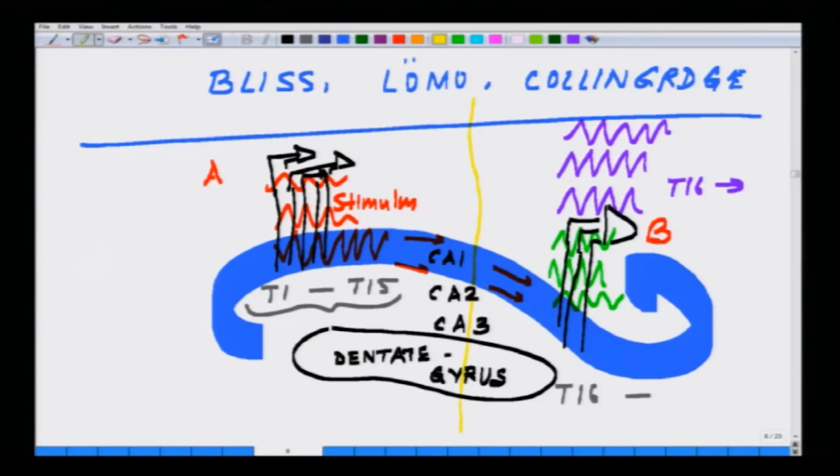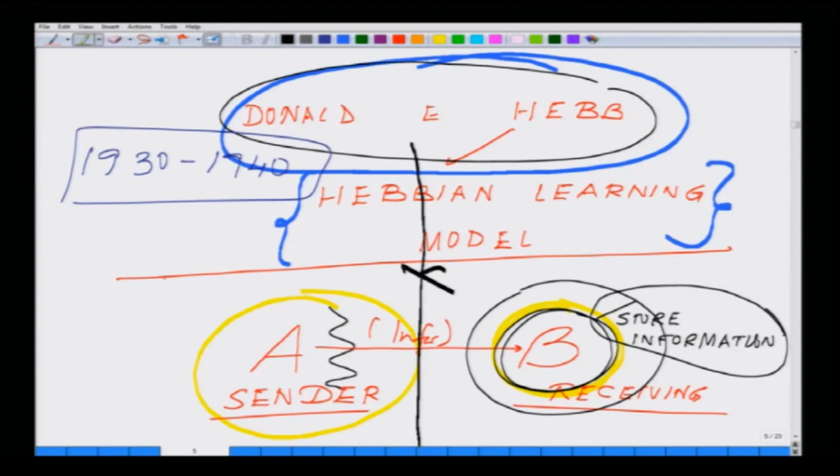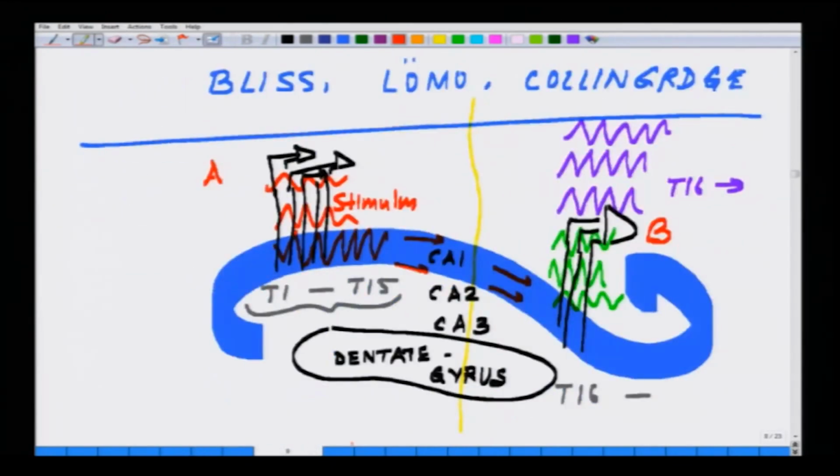So, it means now if you go back to the Hebbian learning model, A is sending signal, B is receiving signal, but after a point A stopped giving signal, stop, no more signal, still B is receiving signal. For the first time, this was a wonderful Journal of Physiology paper, for the first time Hebbian learning model was proved.